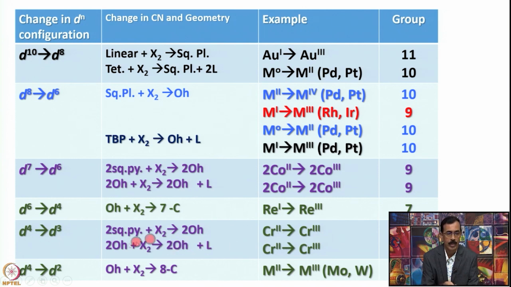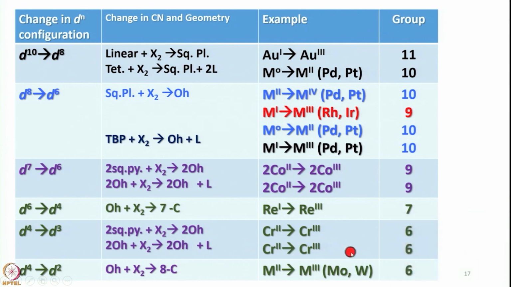And also there are examples with metals having d4, they can change to d2, for example molybdenum and tungsten. That is the reason, to make you familiar, I chose examples having different metal ions and different ligands on them. Just go through all these reactions I wrote for better understanding of oxidative addition reaction.